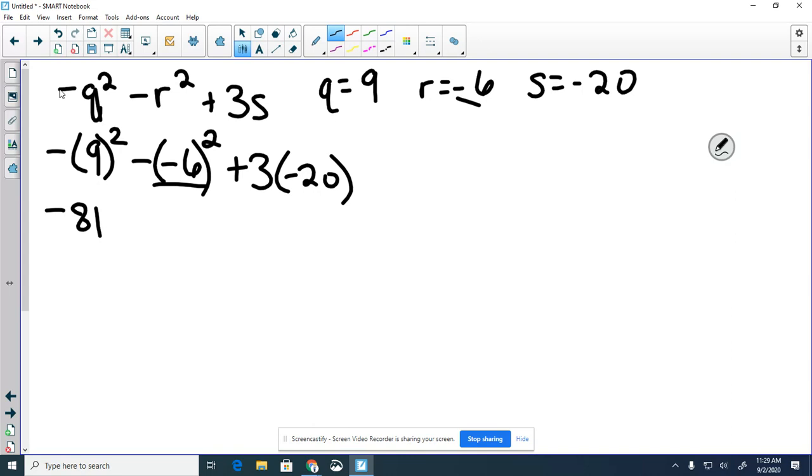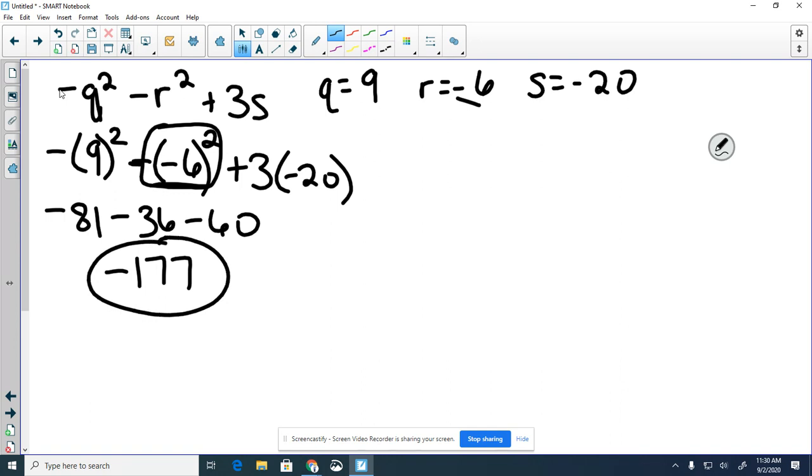Okay? So just this portion is positive 36. I still have this negative out front. So he stays there. And I put my 36. Positive 3 times a negative 20 is minus 60. You do all that subtraction, you should end up at negative 177.